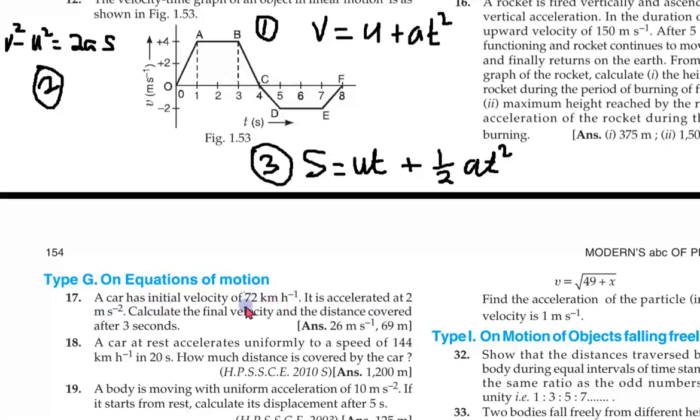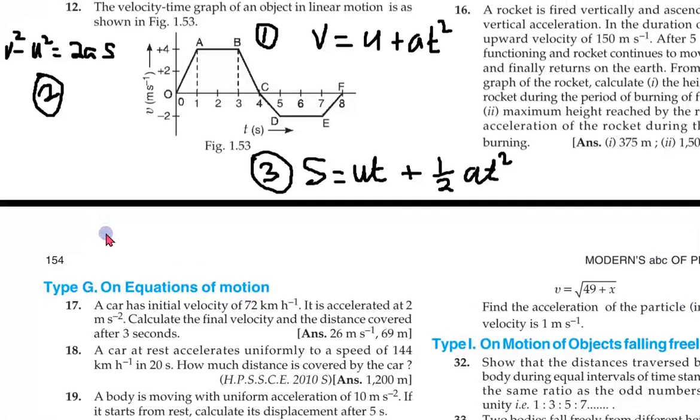So this 72 km/h will be converted into meter per second. We already studied in the previous video. Every problem has to have the same unit so that we can solve it. Otherwise we cannot solve.